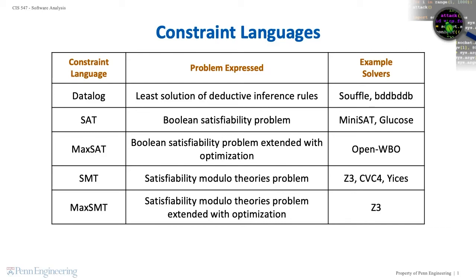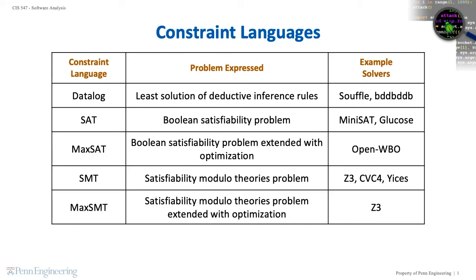SMT, the satisfiability modulo theories problem, is an extension of the SAT problem. It allows one to specify not just constraints over Booleans, but also constraints over integers and pointers. Example SMT solvers include Z3 from Microsoft and Yices.